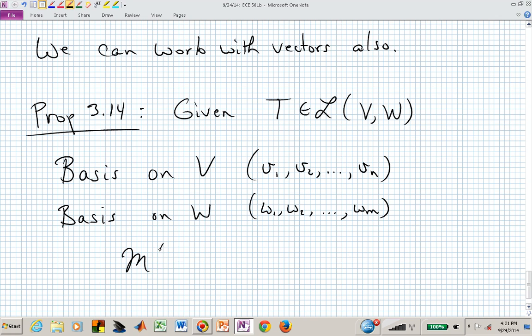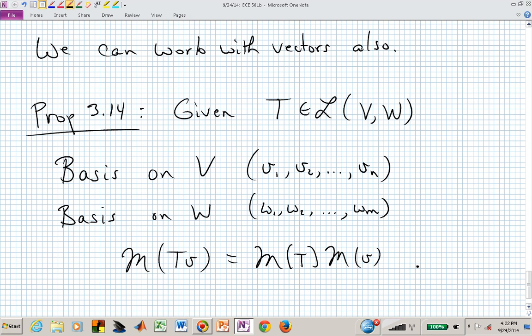Then the matrix of the two maps together, TV, is the same as looking at the matrix representation of the linear map T times the vector representation of this vector V. And I guess the V is a little bit overused.